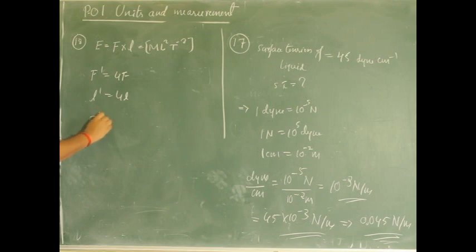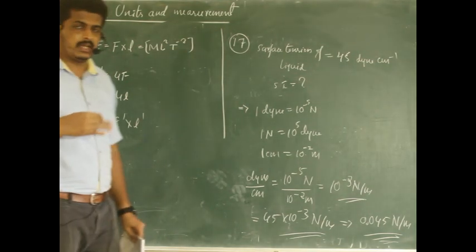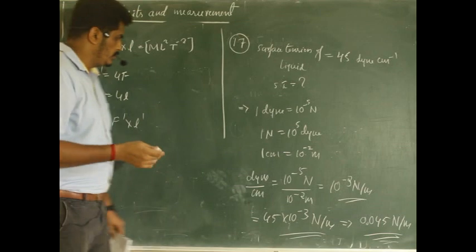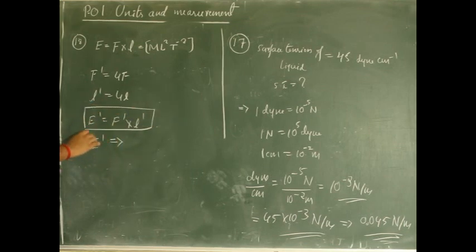So, E dash equal to F dash into L dash. But increase in energy they have given. That means in percentage we have to mention, correct? So this is just equation I have written in percentage, because in the question it is mentioned how much increase, correct?